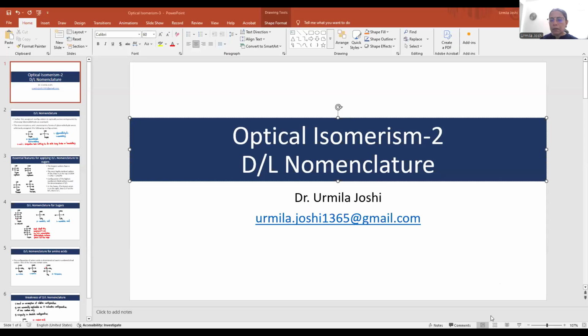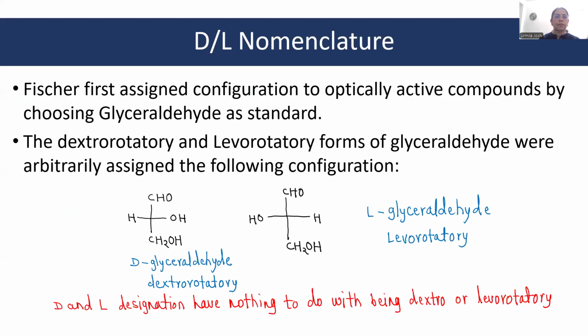The DL system of nomenclature was first put forward by Fischer, the famous organic chemist, way back more than 100 years ago. He assigned a configuration to optically active compounds by choosing glyceraldehyde as a standard.